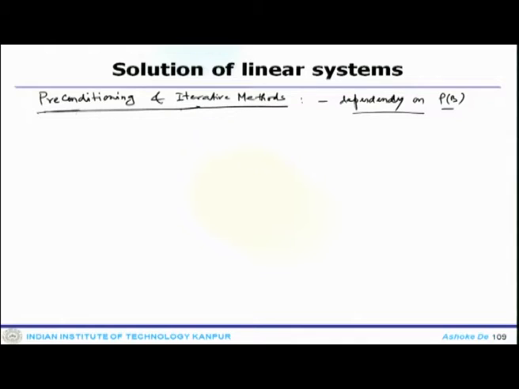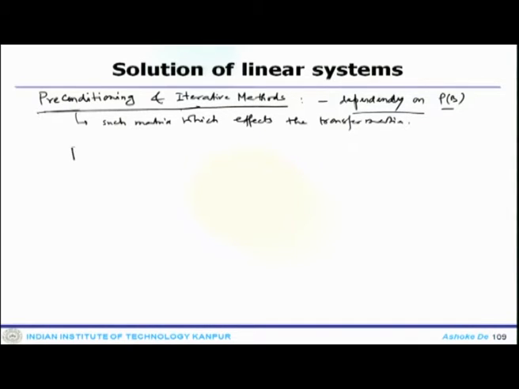So a preconditioner is such a matrix which actually affects the transformation of the system.